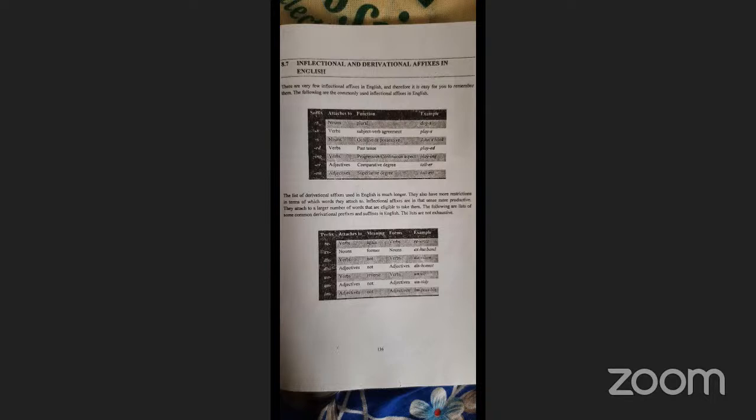Okay? So that is one method. The other method is the method of affixation, where words are formed by adding a prefix or suffix to it.